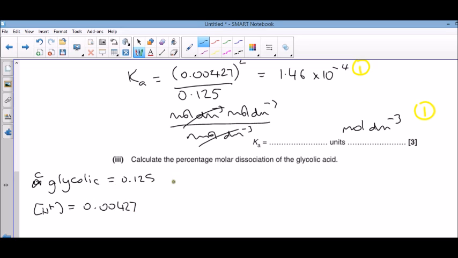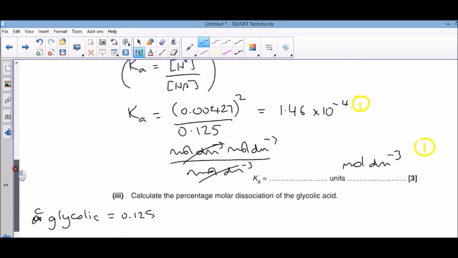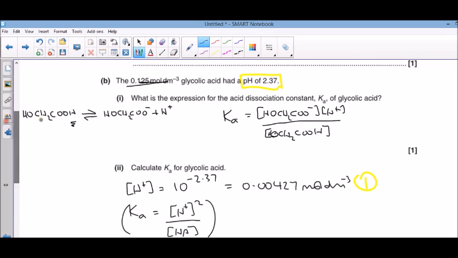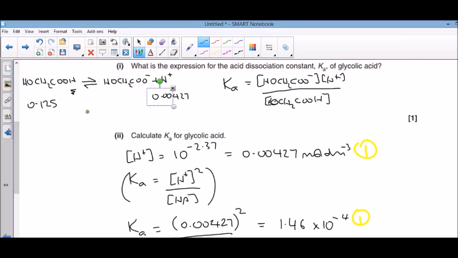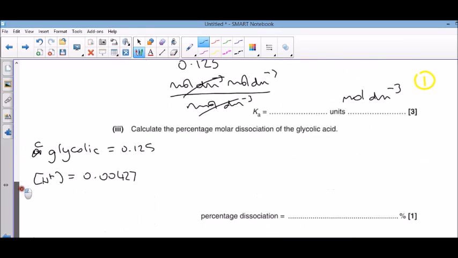Okay, so if you think about that equilibrium which we wrote up here, this is 0.125, this is 0.00427. So what we want to know is what percentage has dissociated and turned into H plus and the corresponding negative ion. So we're just going to work that out as a percentage. And that gives us an answer of 3.4%.